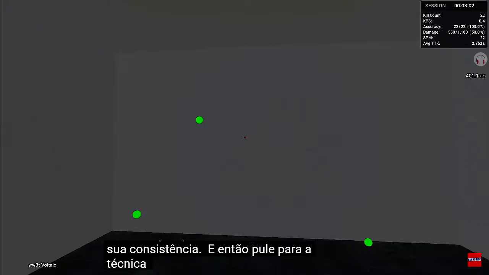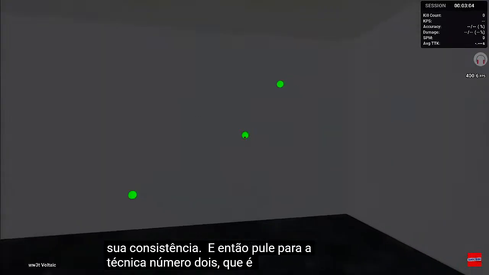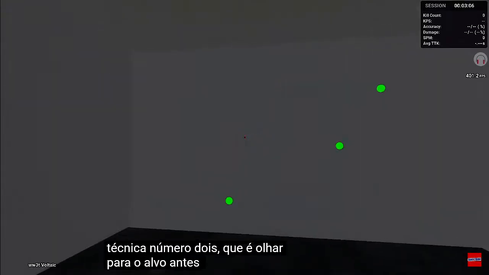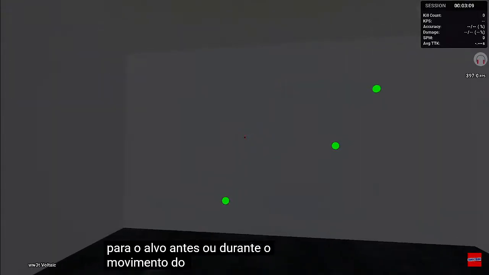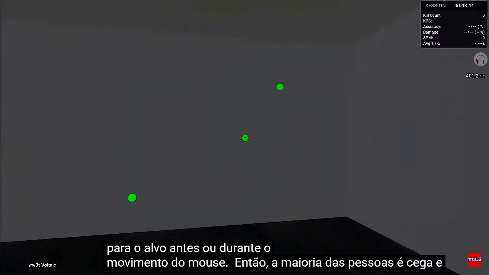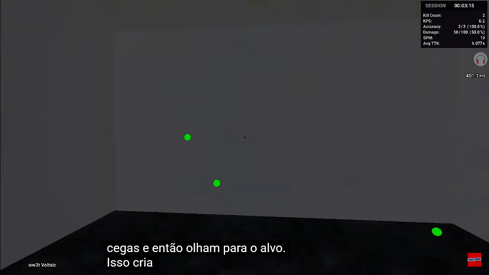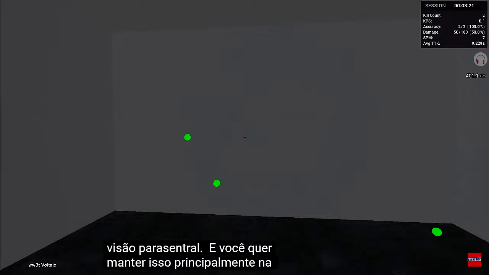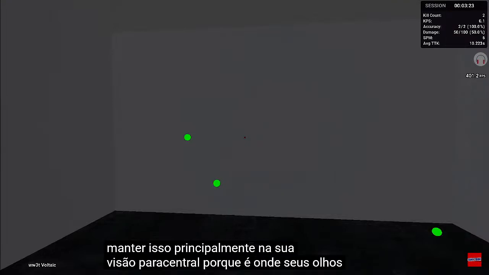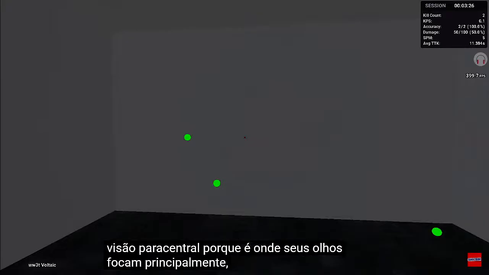jump to technique number 2, which is to look at the target before or during mouse movement. Most people are blind, and then they'll look at the target. Flick, blind, and then they'll look at the target. This creates an overt focus on the peripheral vision rather than the paracentral vision. And you want to keep it mainly to your paracentral vision because that's where your eye's focus mainly is.